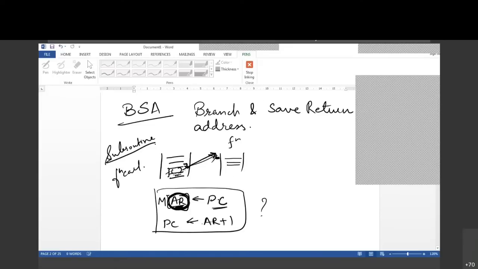Okay, fine. So you want to come back here to the next line after completing the function, so you first stored it in MAR. Then PC becomes AR+1. After completing the routine, we have to go to the next location from where we left.